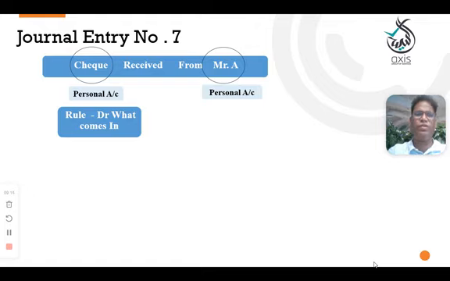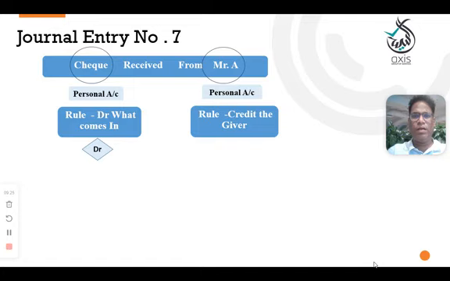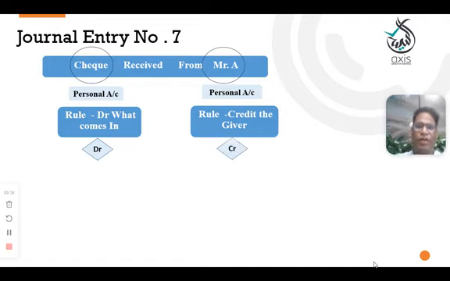Check received. So here bank is the receiver. You need to debit the transaction. And personal account, personal account, here Mr. A is the giver and you need to credit.